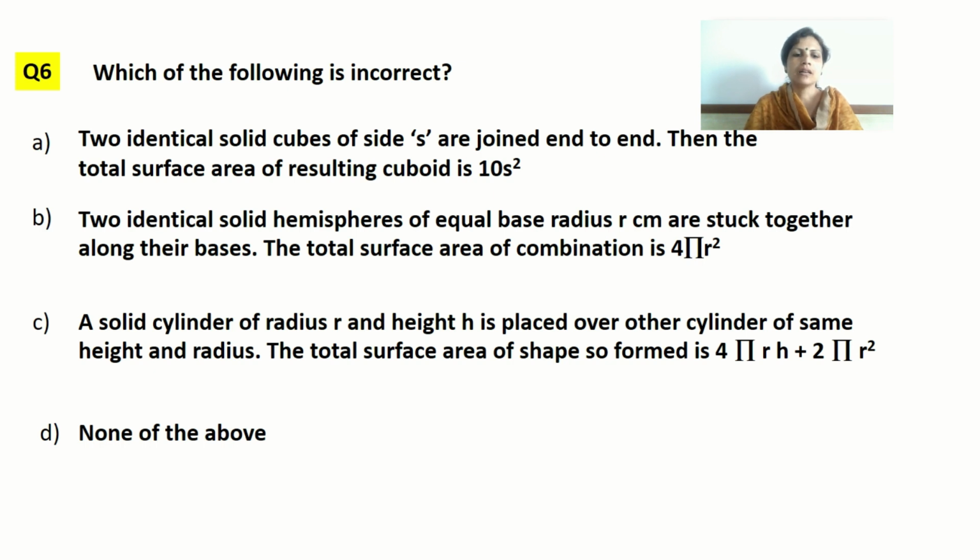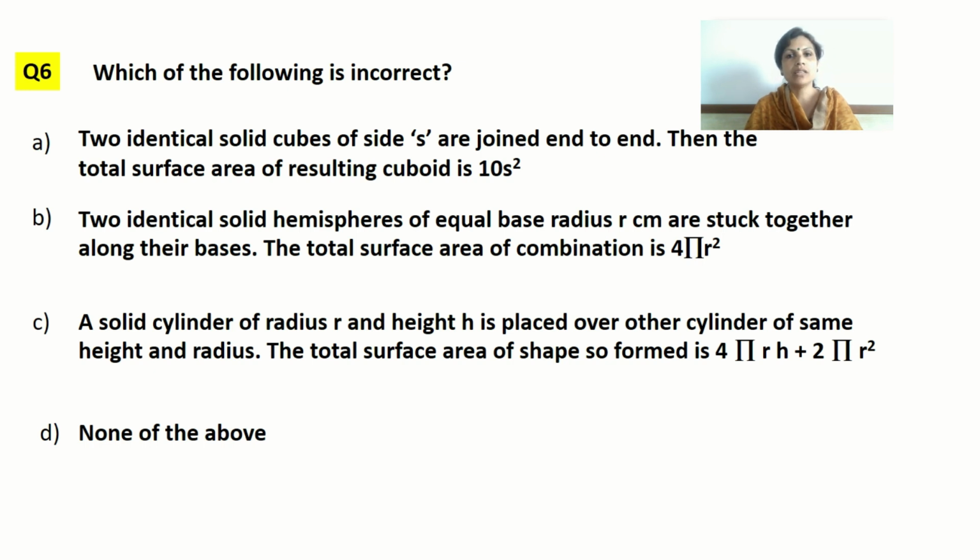Next statement is, a solid cylinder of radius r and height h is placed over another cylinder of the same height and radius. The total surface area of the shape so formed is 4 pi rh plus 2 pi r square. This is also correct.